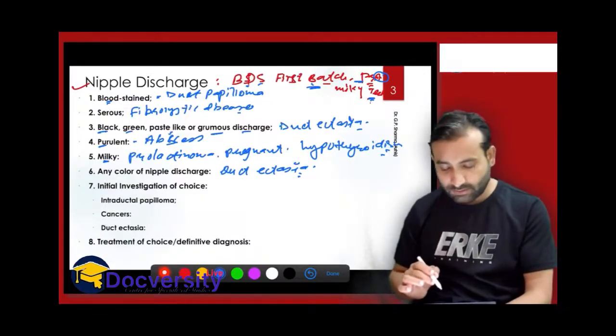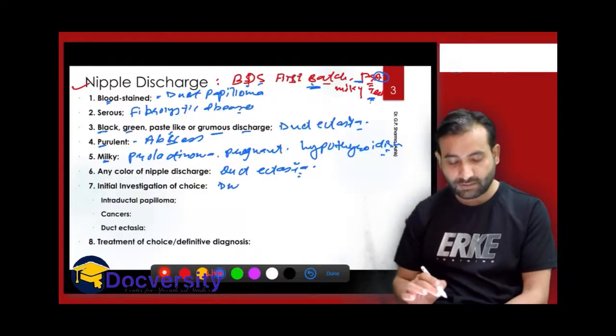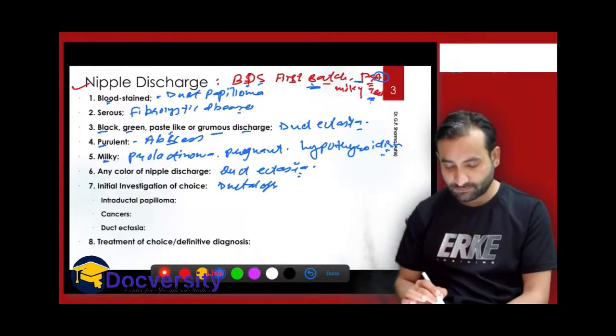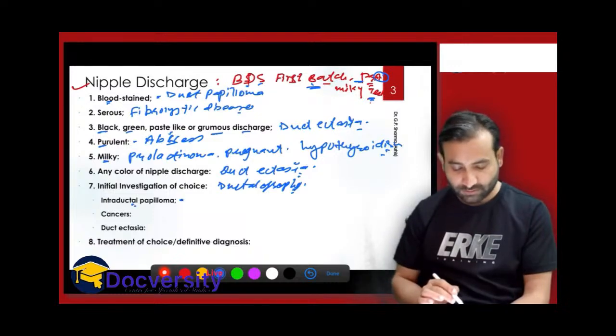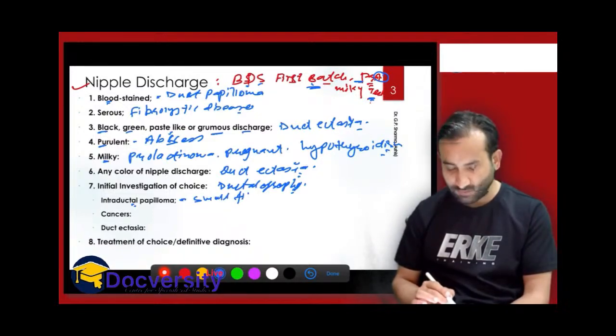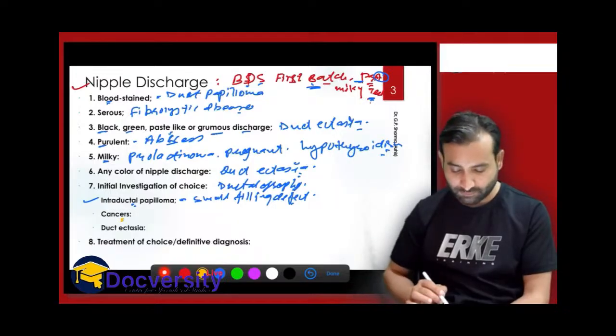Okay. And initial investigation of choice for the nipple discharge, that is what? Ductography or ductalography. In this ductography, if there is an intraductal papilloma, you will see the small filling defect. Small filling defect will be visible if there is a duct papilloma.